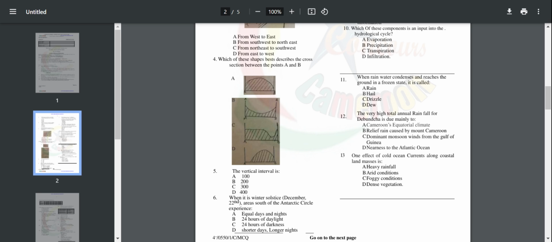The answer is B, relief rain caused by Mount Cameroon.